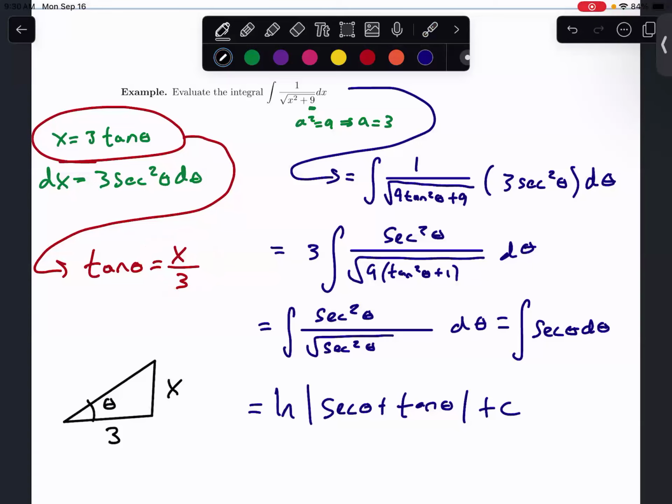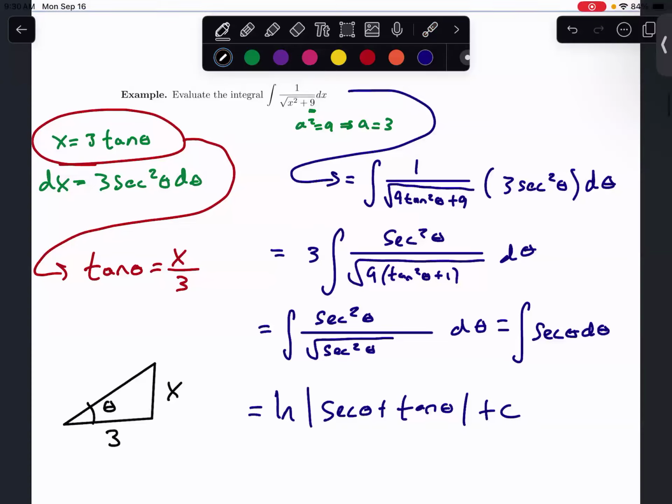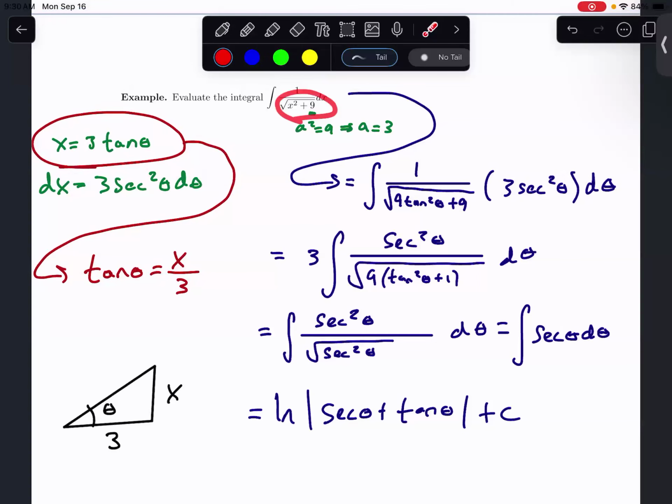And so we want to determine what secant theta is going to be. Secant theta is 1 over cosine. Cosine's adjacent over hypotenuse. So that means secant theta is hypotenuse over adjacent. And so we need to know what the hypotenuse is. So you just use the Pythagorean theorem here. And again, you'll see we get exactly what we have in the denominator now, like the square root of x squared plus 9.